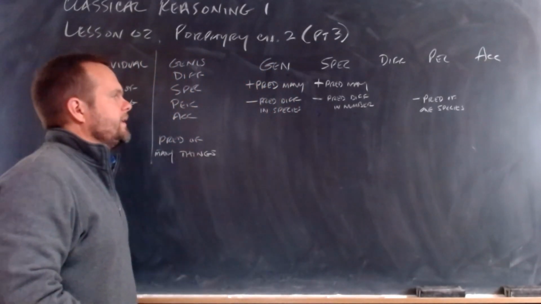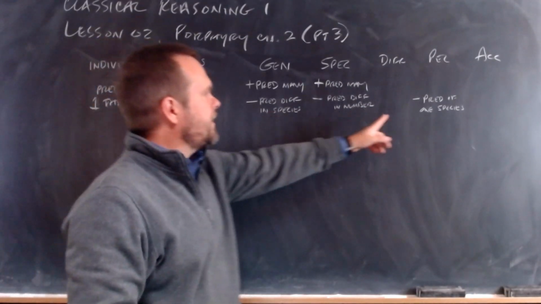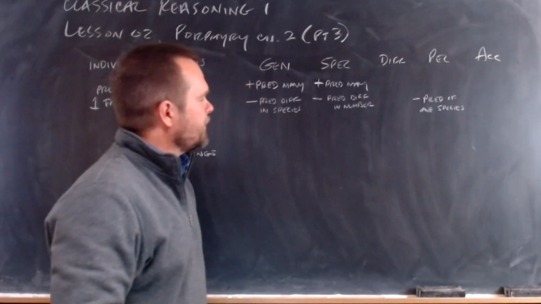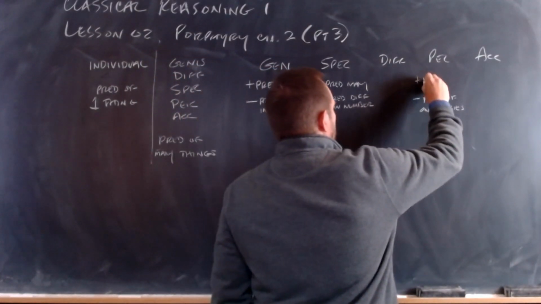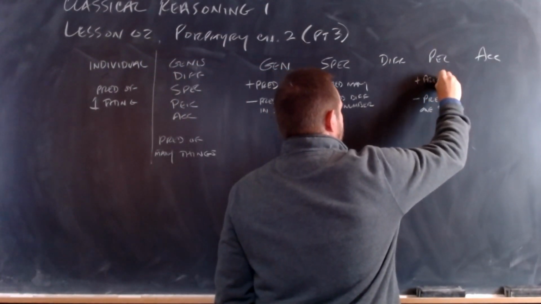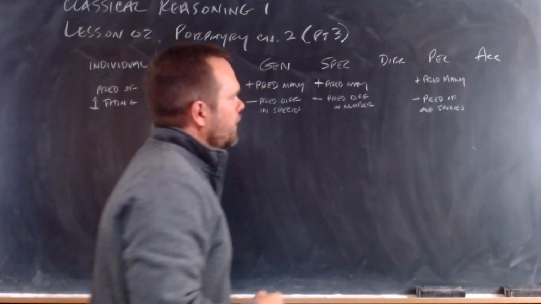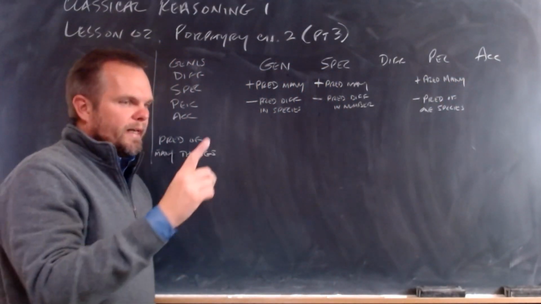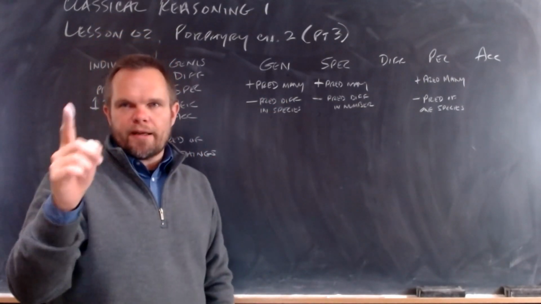Genus is predicated of many species. That's how genus and peculiarity are different. How are they the same? They're both predicated of many things. But peculiarity is predicated of only one species. It's the peculiarity of that one species.